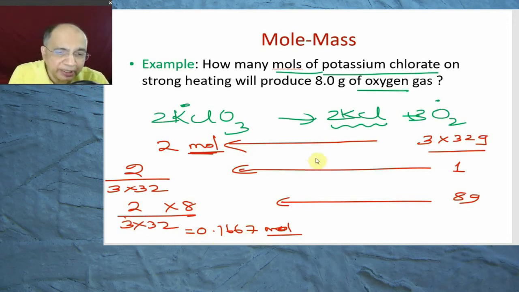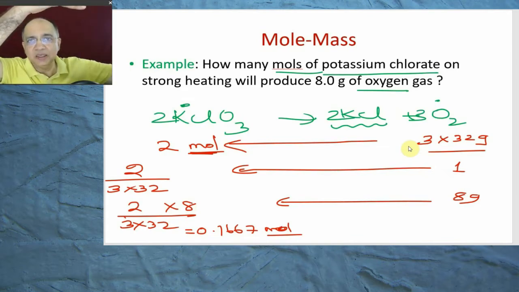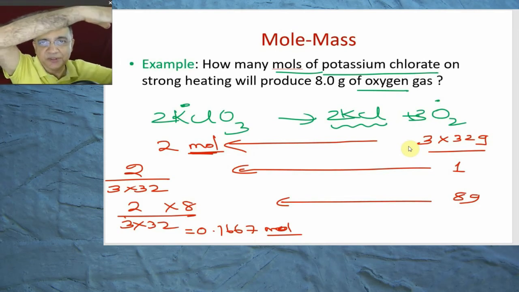So we are calculating on the left side because the given data is on the right, but for lower level students, they are told that whatever data is given should be kept on the left.